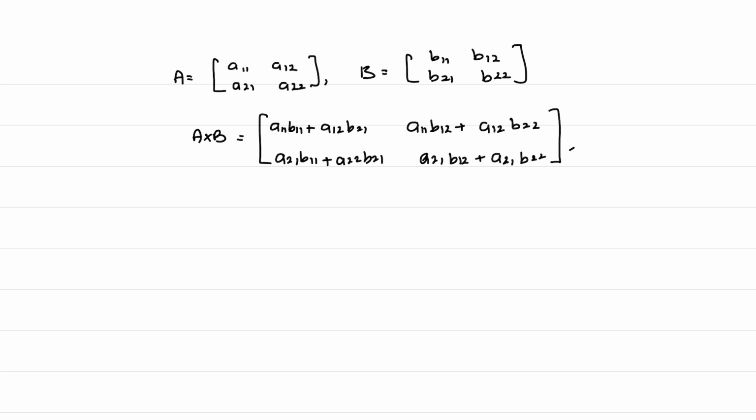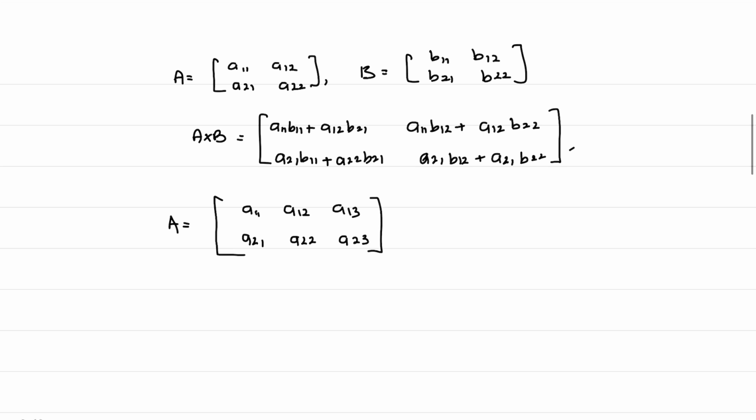Now, for example, a matrix is like this. Please pay attention to it, it's very important. A is equal to A11, A12, A13, A21, A22, A23. A matrix can be like this also.